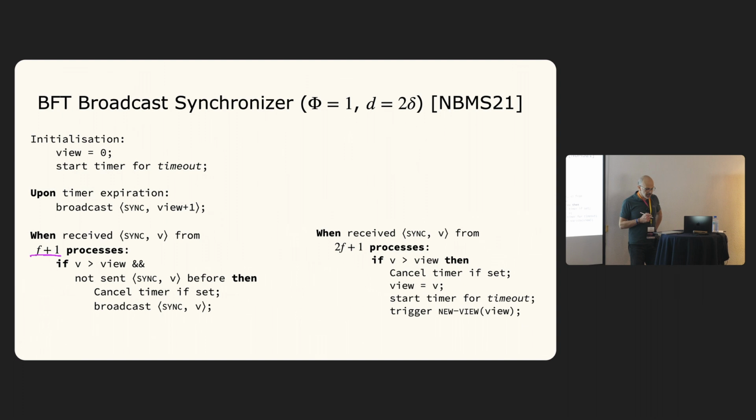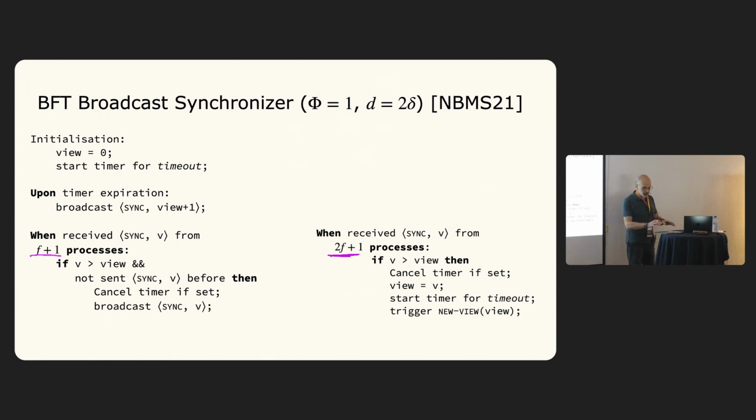And where we waited to receive messages from f plus 1, we wait to receive messages from 2f plus 1. That's really the only modification needed to obtain a Byzantine fault-tolerant synchronizer from a crash fault-tolerant synchronizer.